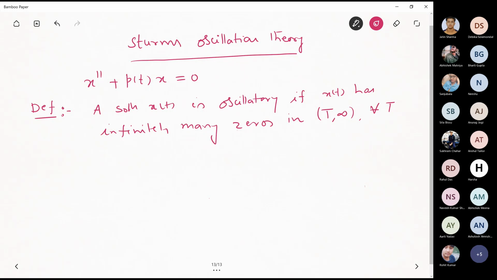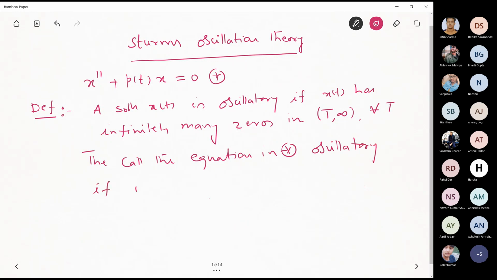And the equation star is called an oscillatory equation if it has an oscillatory solution.